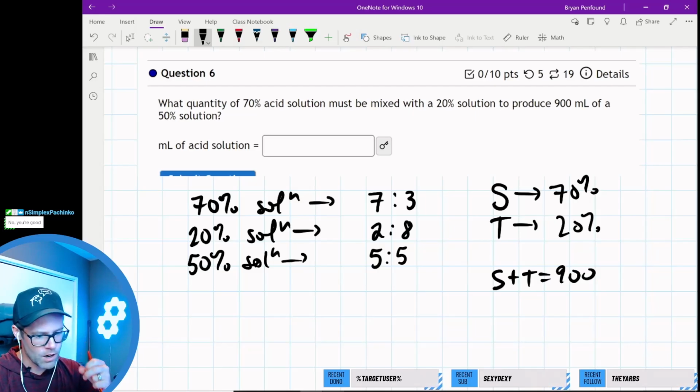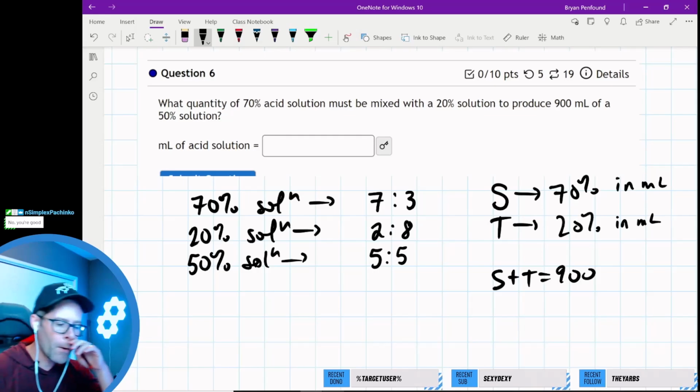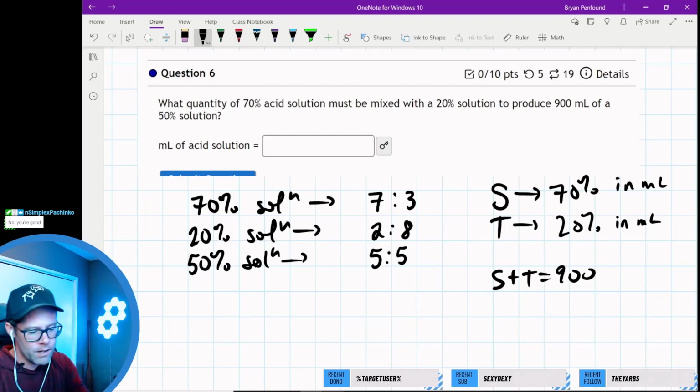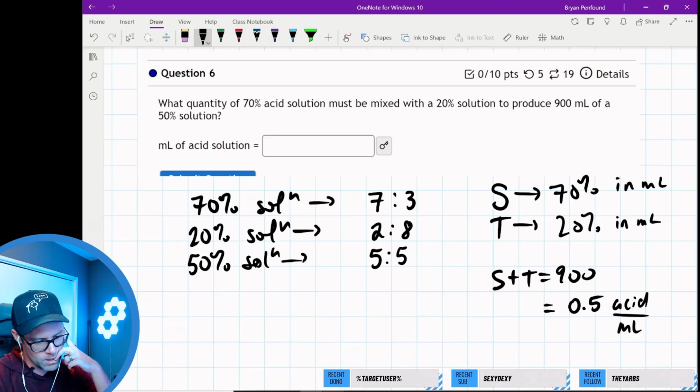So S and T are in milliliters, though, right? Oh, okay. So concentration. I need my output to be a 50% something.